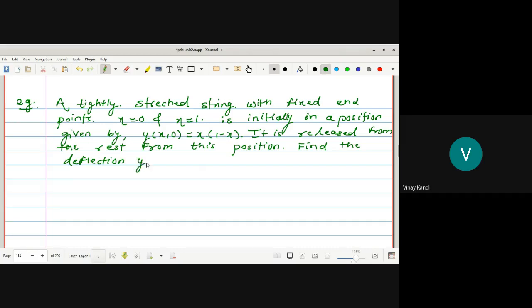Find the deflection y, a function of x and t, at any time t. Okay, so this is the example.